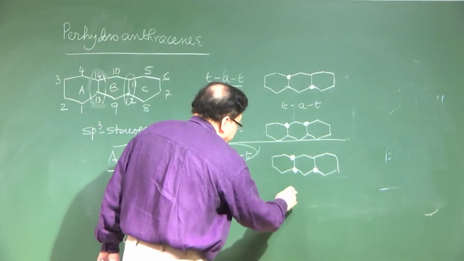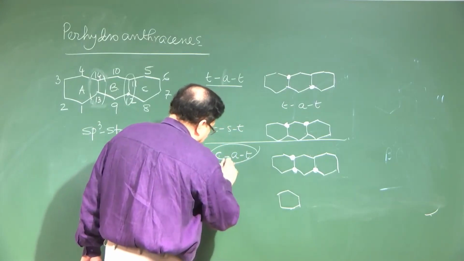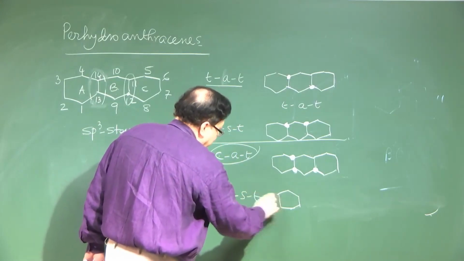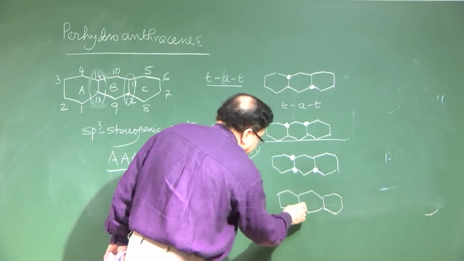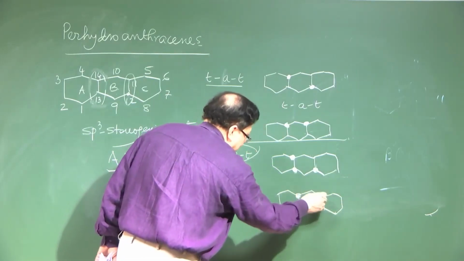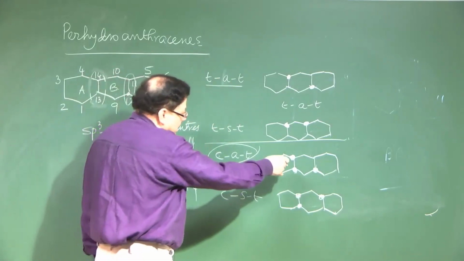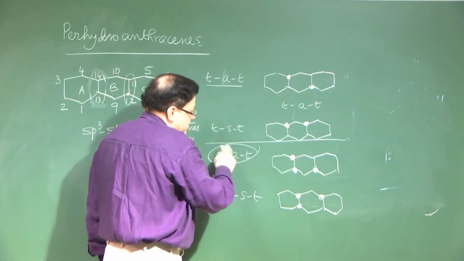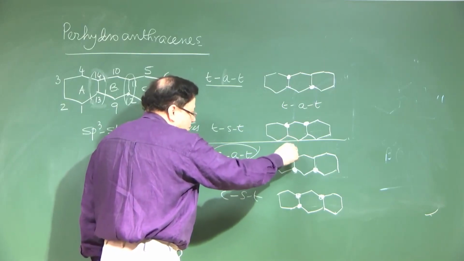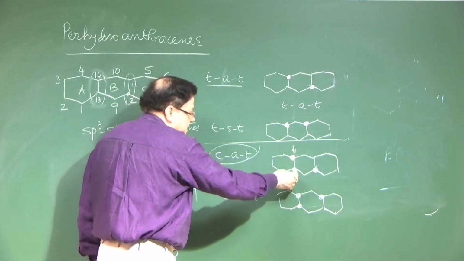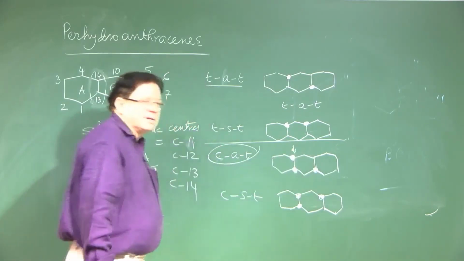Okay. Again I repeat, the one that I have written here is what is called the CST. So, CST means basically C, S and T. But what I am saying is that if you look at this molecule CAT and start your nomenclature system from this end, that will be cis and then syn and then trans.